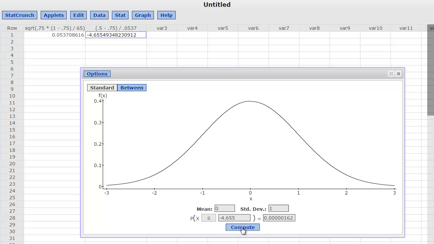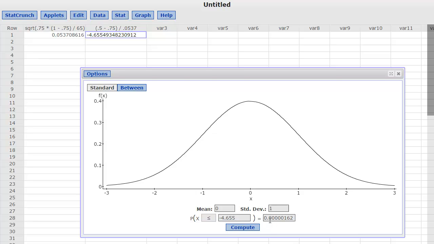And we click compute. You can see none of the curve is shaded in. I wish I had the ability to change the scale on the bottom, but unfortunately I don't. But the big thing to notice right here is that it's 0.000016 away from the center. This is the probability.